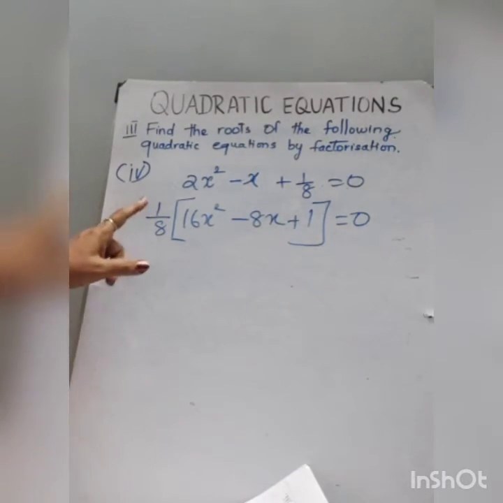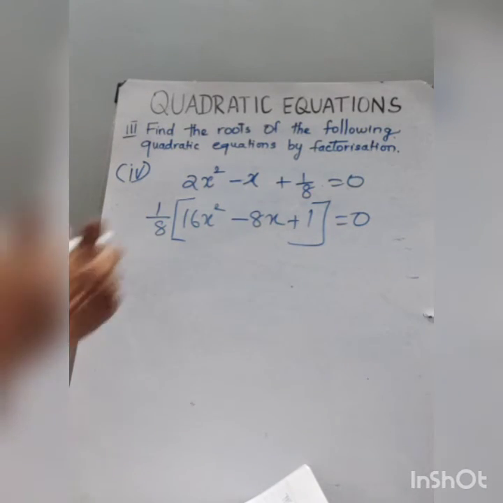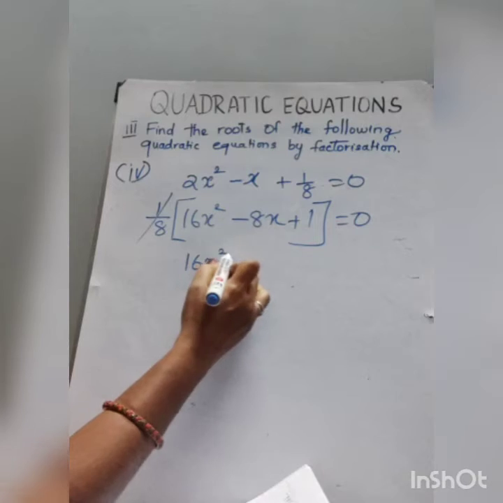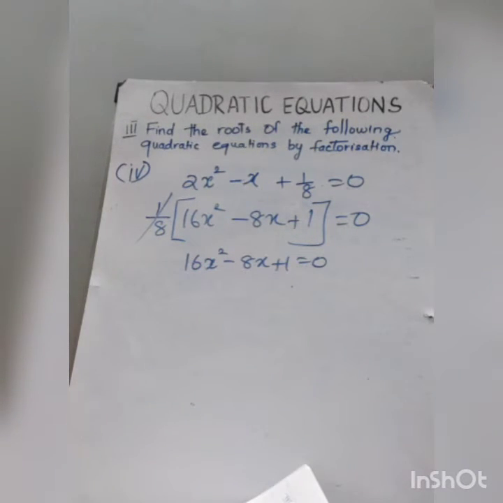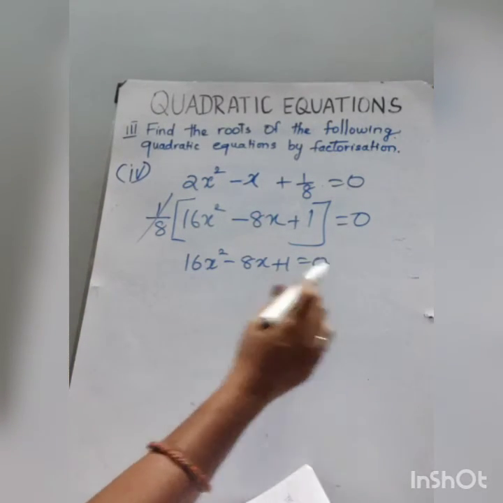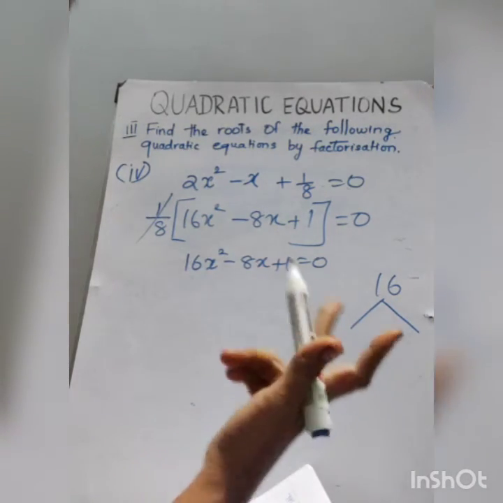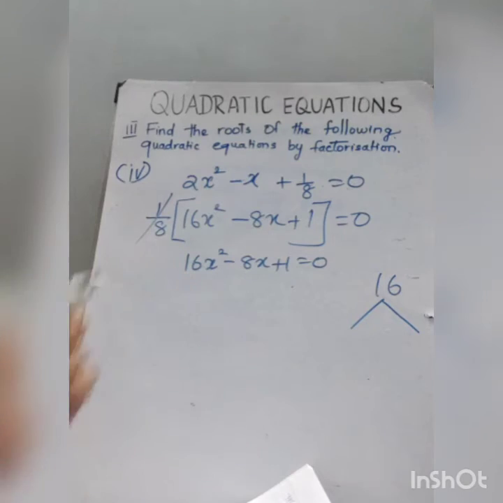Now 1 by 8 never becomes 0, so you can simply eliminate this. So we have 16x square minus 8x plus 1 equal to 0. Now you multiply 16 with 1, which is 16. I should divide 16 into two terms whose sum should be minus 8 and the product should be 16.